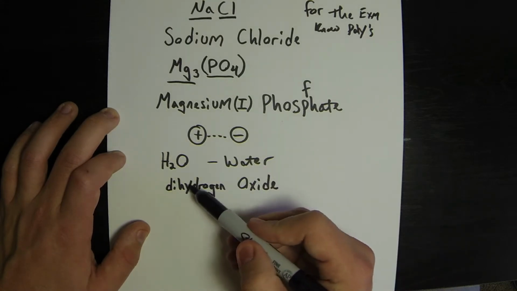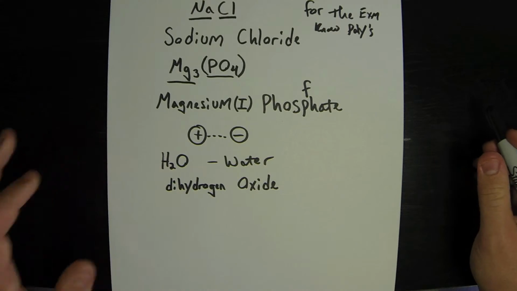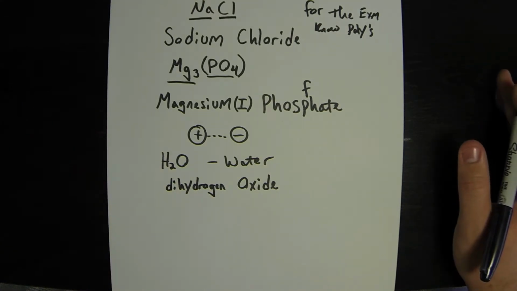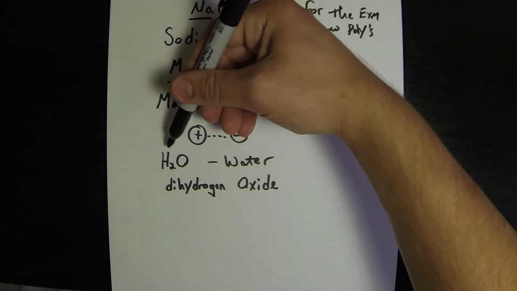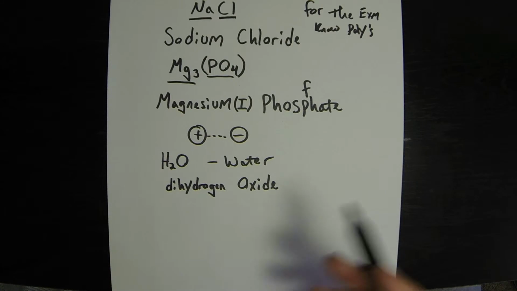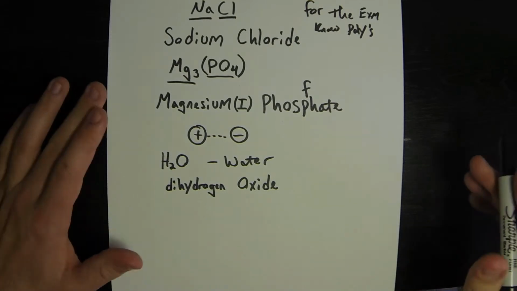You write the first thing fine, you add the di because there's 2 of them, and then it's oxide. So it's dihydrogen oxide. It wouldn't be oxygen dihydride. That doesn't make sense. It's always dihydrogen oxide. You write what comes first and then what comes second, right? That's the naming convention. So that's kind of a neat thing. You probably never thought, what's the actual name of H2O? It's dihydrogen oxide.